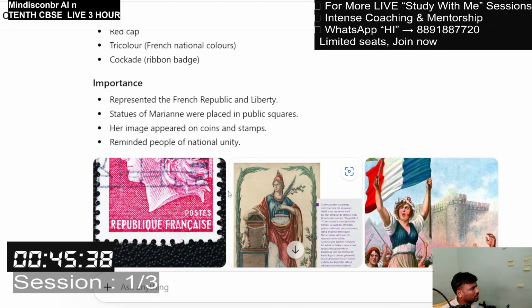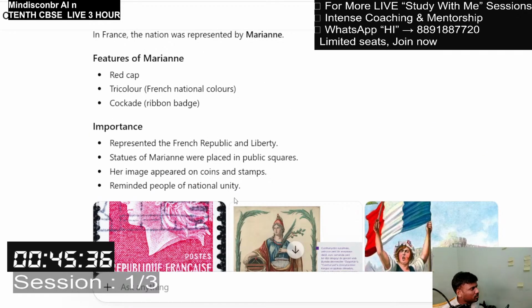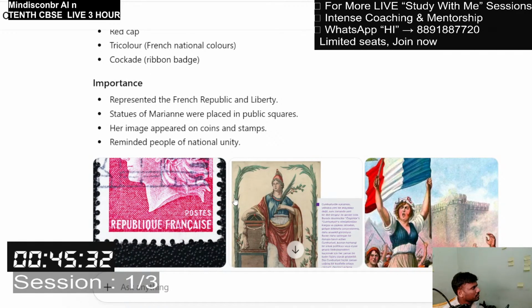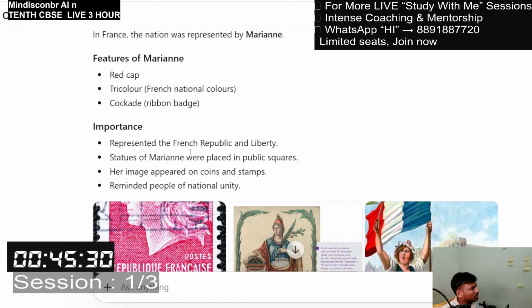She also has a ribbon badge that is called a cockade. Importance: this represented the French Republic and liberty. Statues of Marianne were placed in public squares. Her image appeared on coins and stamps, and reminded people of national unity.